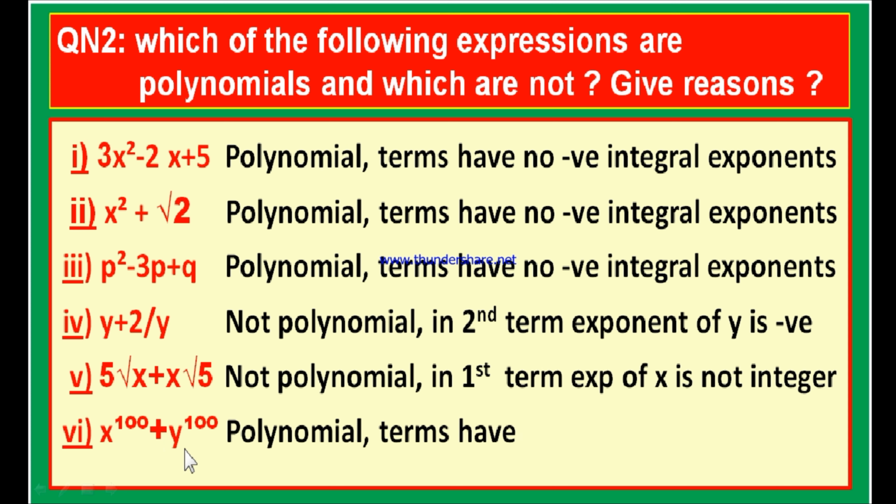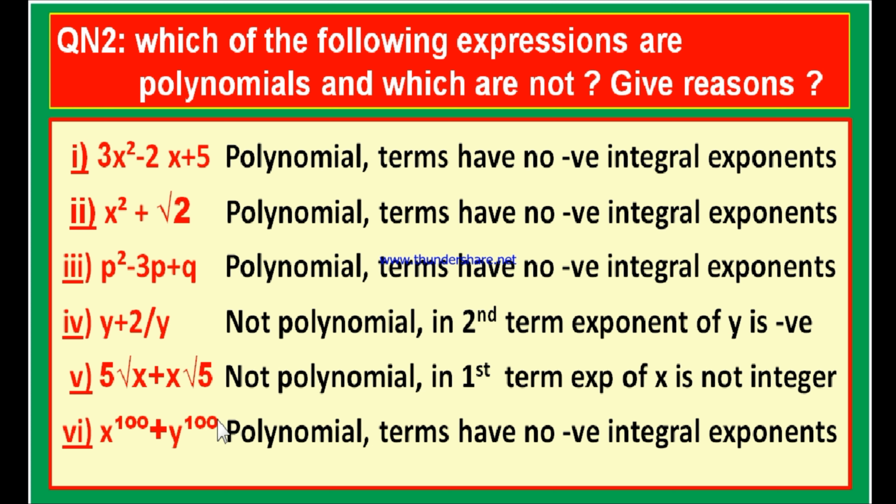Clear? Good. Now sixth bit. X power 100 plus y to the power of 100. You see how many terms you can find here? You can find two terms in this expression. And you can find two variables also. Now the exponent of the variable x is 100. The exponent of the variable y is also 100.